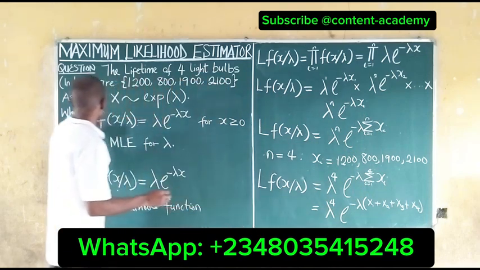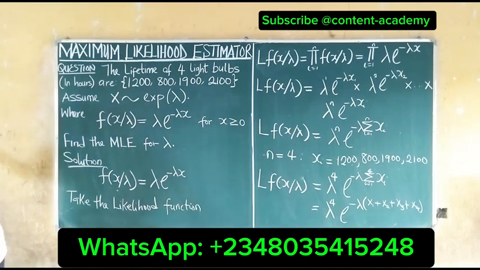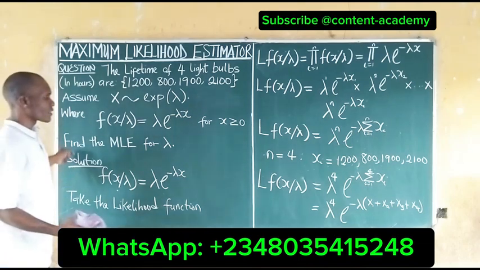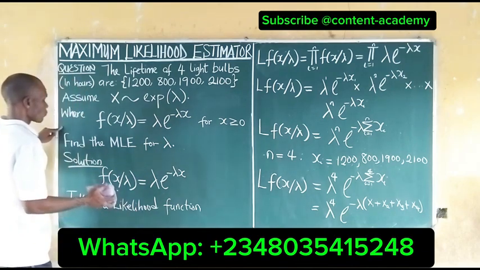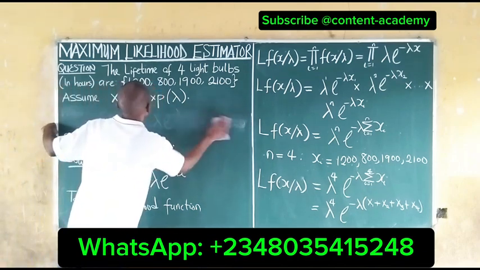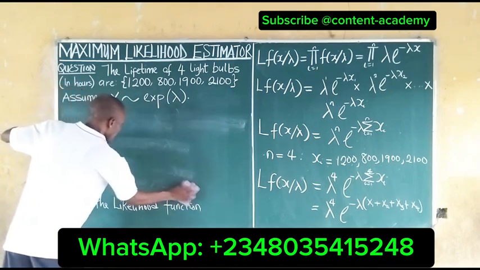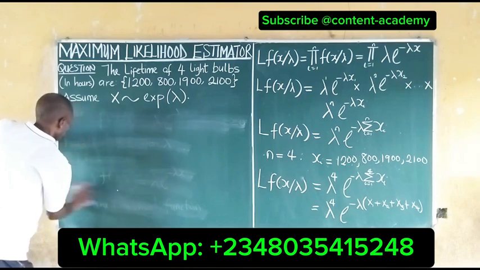Now, we move over to this side of the board. We leave the equation. We are asked to find the maximum likelihood of lambda.